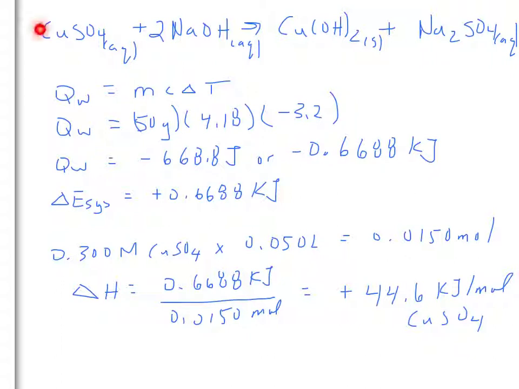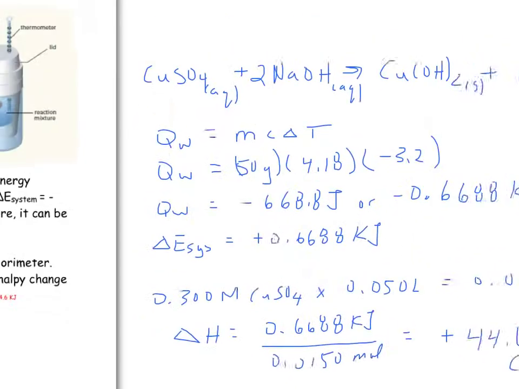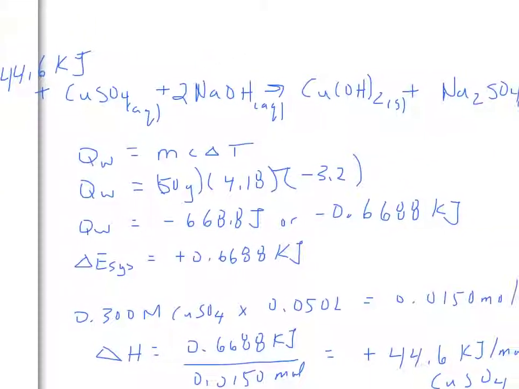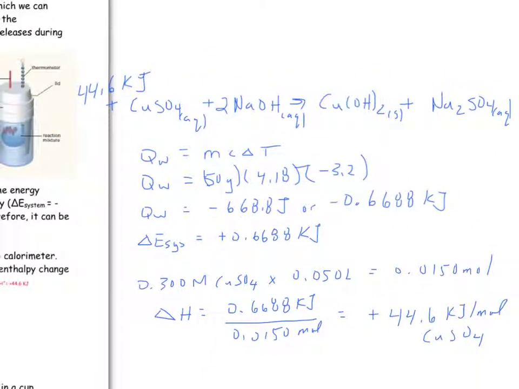So if I had to balance this reaction with a 2, then I wouldn't write 44.6. I would write 89. So here's my completed thermochemical equation.